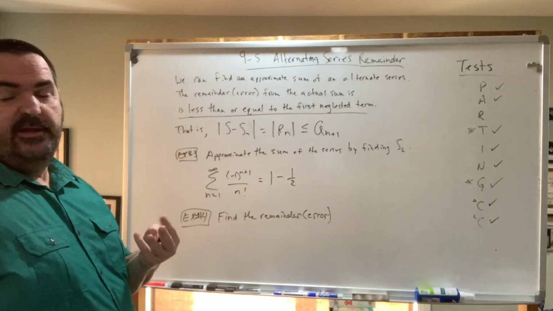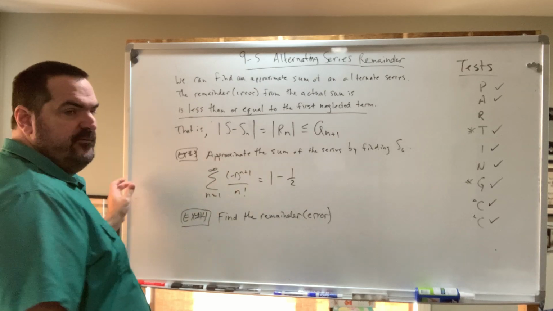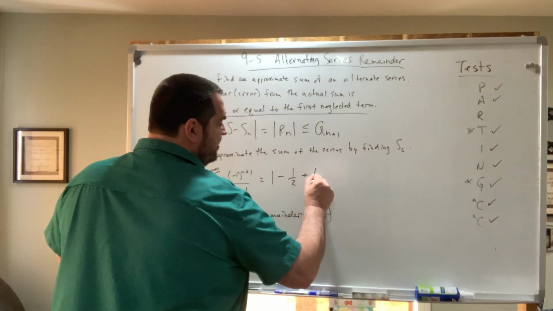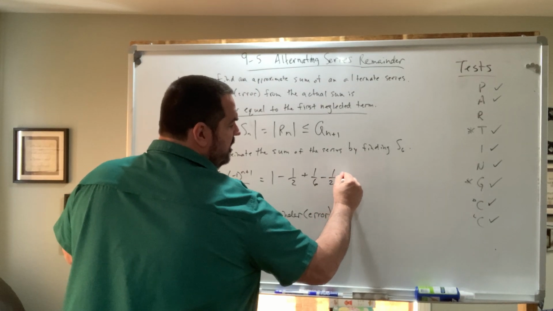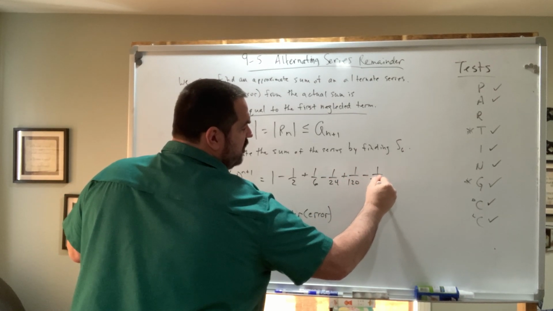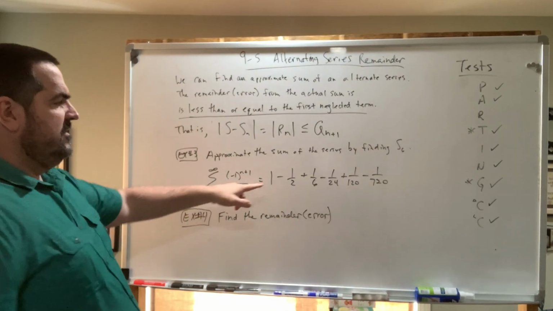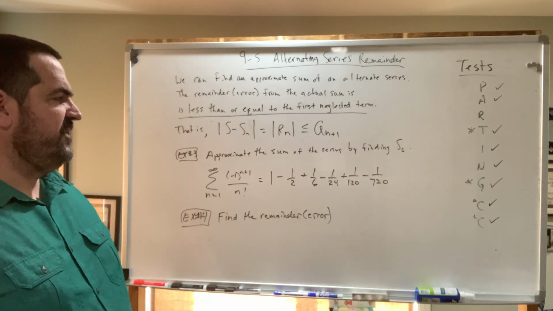Then I plug in 3, I get a positive again, because remember it's an alternating series, positive 1 over 3 factorial, 1/6, minus 1 over 24, then 1 over 120, minus 1 over 720. That's just 2 factorial, 3 factorial, 4, 5, 6. So there's your 6 terms.